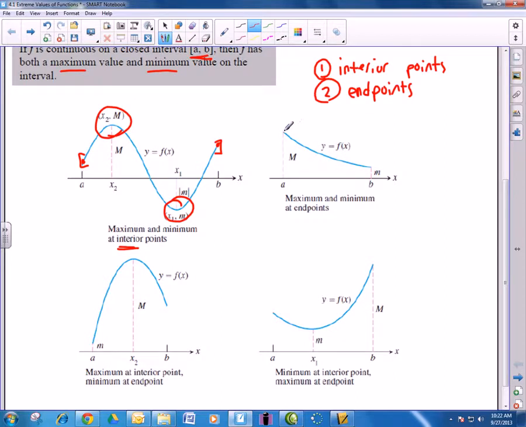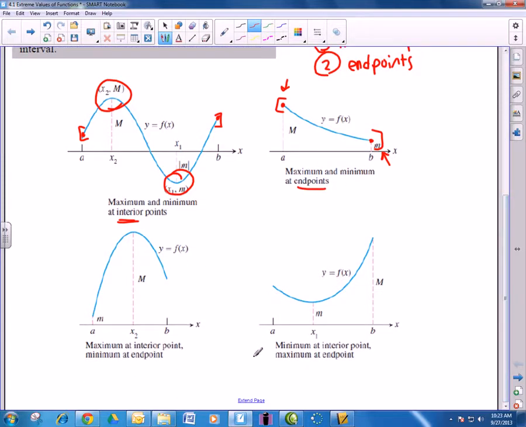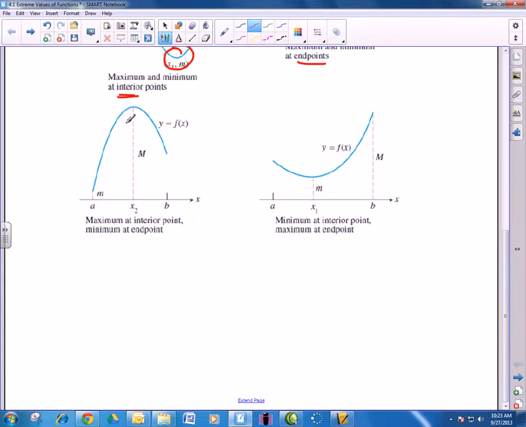But here, closed interval again, but the highest point on the graph occurs right there at your endpoint, and the lowest point on the graph occurs right there at this endpoint. And so then that is a case where your max and mins occur at endpoints. Here is a case where your minimum occurs at an endpoint, but your maximum occurs at an interior point.